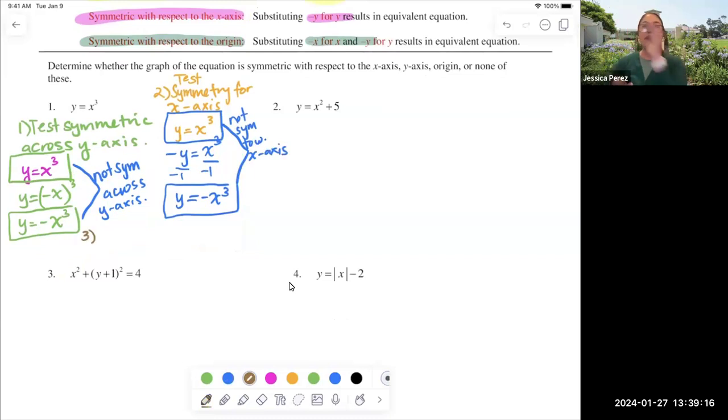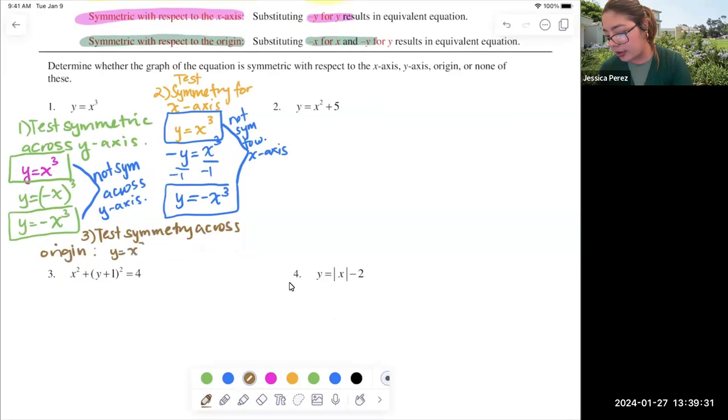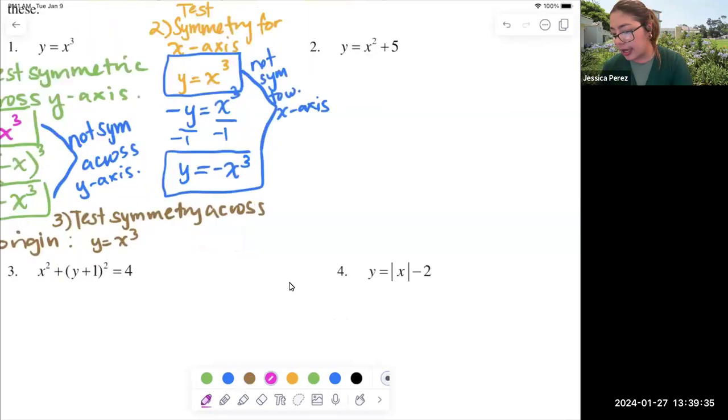We're going to have to do that for all of them. The last one is to test symmetry across the origin. What does that mean? If I have y equals x cubed, I have to change x and y. So now I have negative y equals negative x cubed.